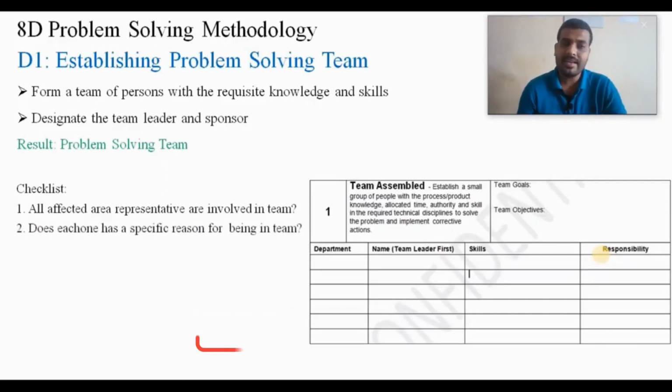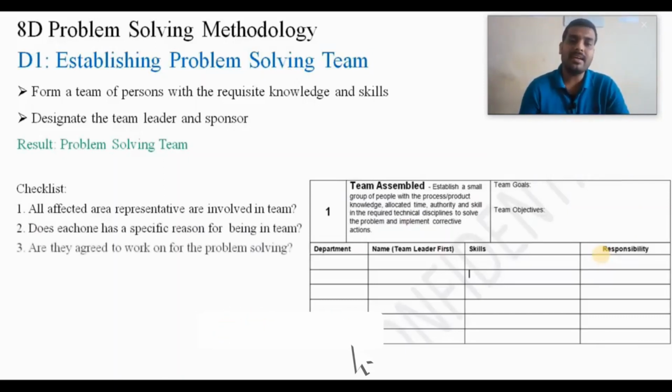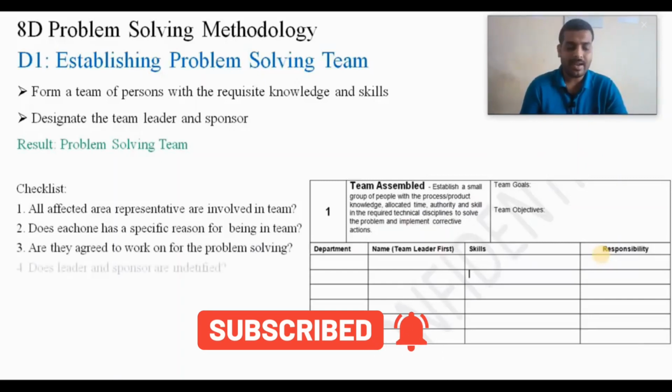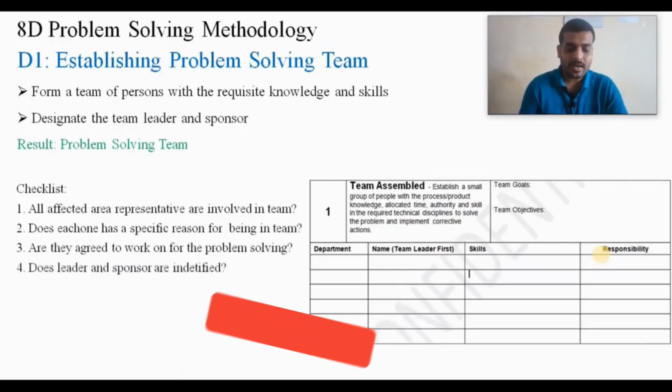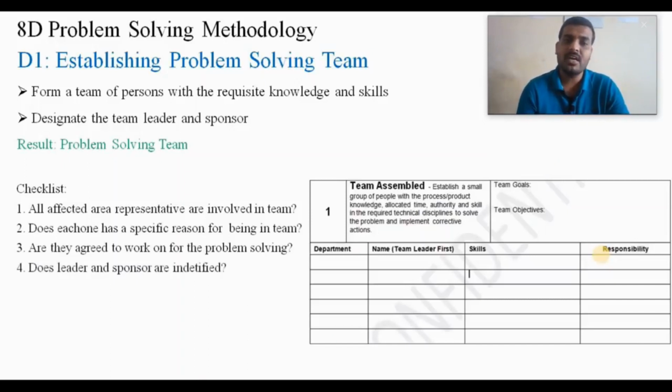Next, are the team leader and sponsor identified, and the last checkpoint is whether the roles and responsibilities have been reviewed with them. So these are the checkpoints. With this you will come to know that the team is built up with cross-functional team members with adequate knowledge and responsibilities. So this is about the D1 phase. Now we will move to the next phase, that is D2, problem description.